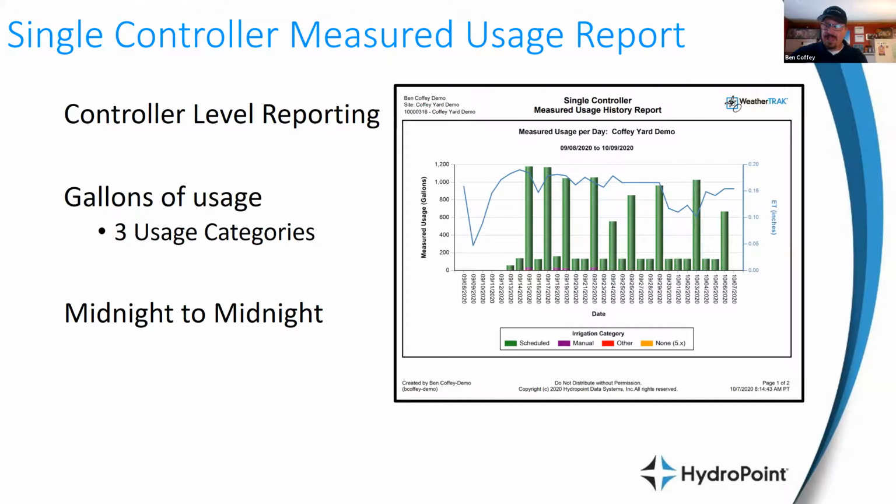And to Scott's earlier point, as we look at these reports with our customers, a lot of our customers are driving at get these controllers on ET, right? Get these weather-based irrigation schedules taking over. And I have my customers using these reports because the contractors will see the auto mode not keeping up.